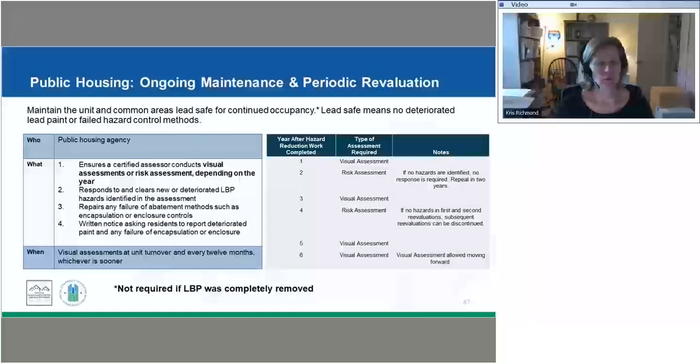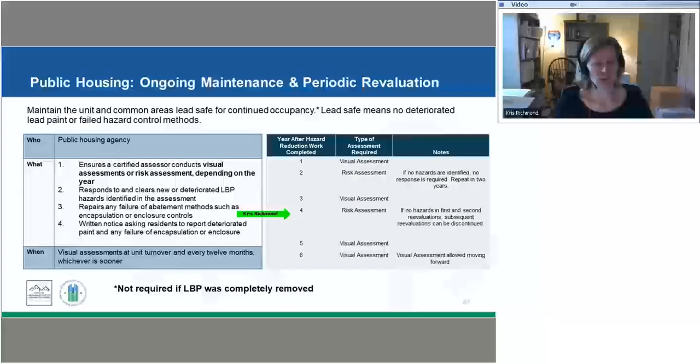For our ongoing maintenance, in the first year after the work was done, we're doing a visual assessment to check for failure of lead hazard reduction work or any defective paint. The second year after the work, a risk assessment is being done. The third year, we're back to a visual assessment. The fourth year, we're doing another risk assessment.